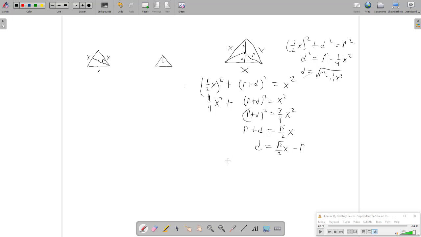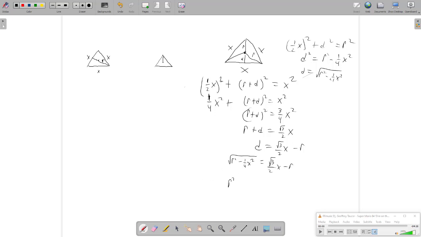So we plug this in here. Square root of r squared minus 1/4 x squared equals square root of 3 over 2 x minus r.